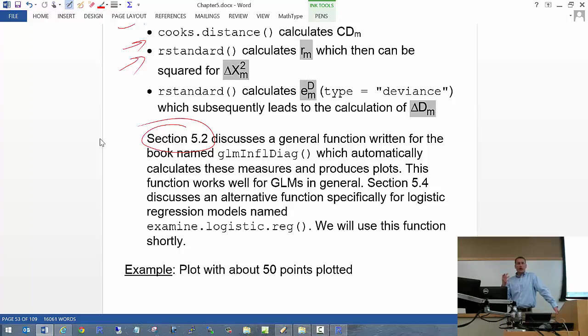But for chapter 2 models, I recommend instead you look at a particular function that I wrote for section 5.4, because it gets at some of the specifics that you definitely need for logistic regression that you wouldn't necessarily need for Poisson regression. And this is the function, examine.logistic.reg.